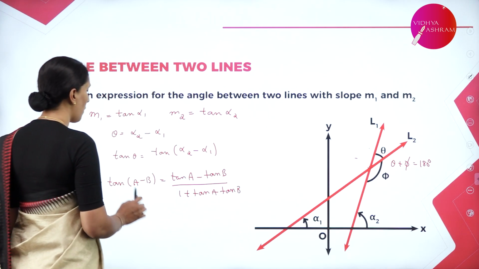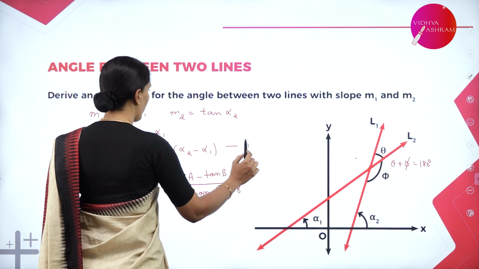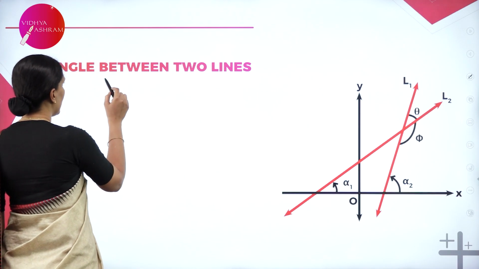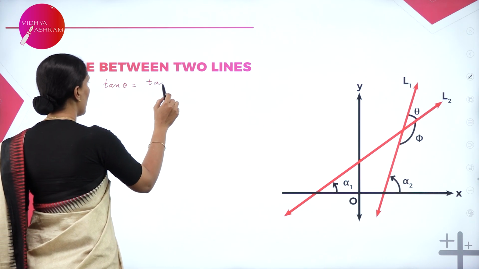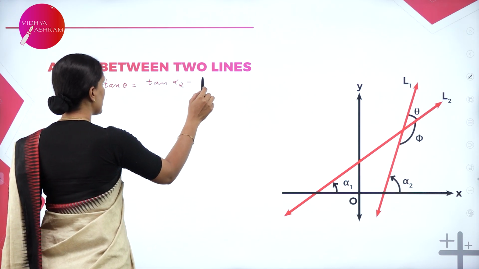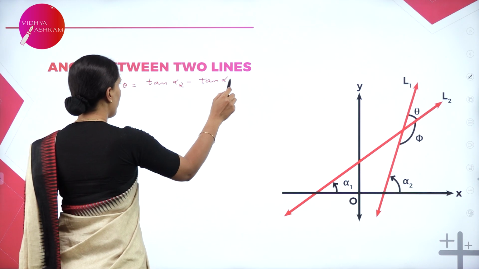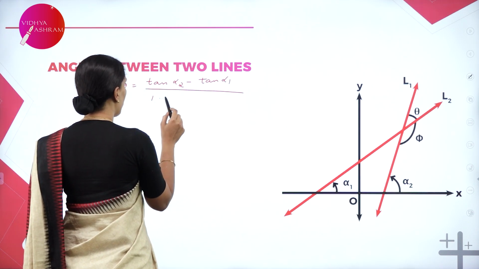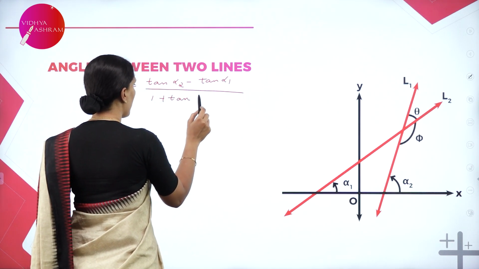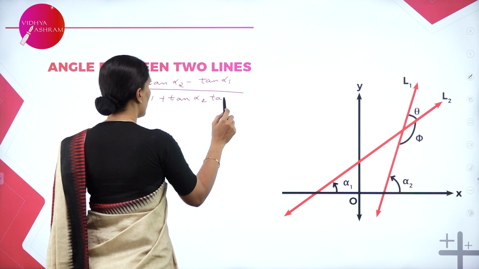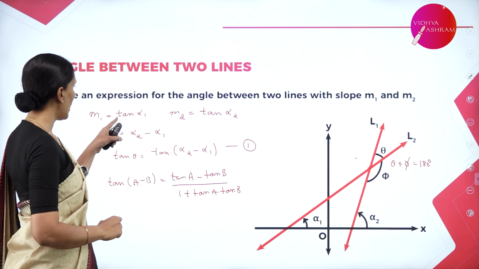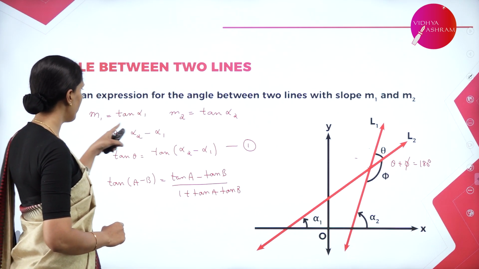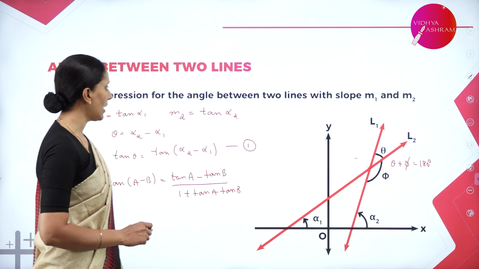Using this formula in equation 1, we can write tan theta is equal to tan alpha 2 minus tan alpha 1, whole divided by 1 plus tan alpha 2 tan alpha 1. Now from the given data, tan alpha 1 can be written as m1 and tan alpha 2 can be written as m2.